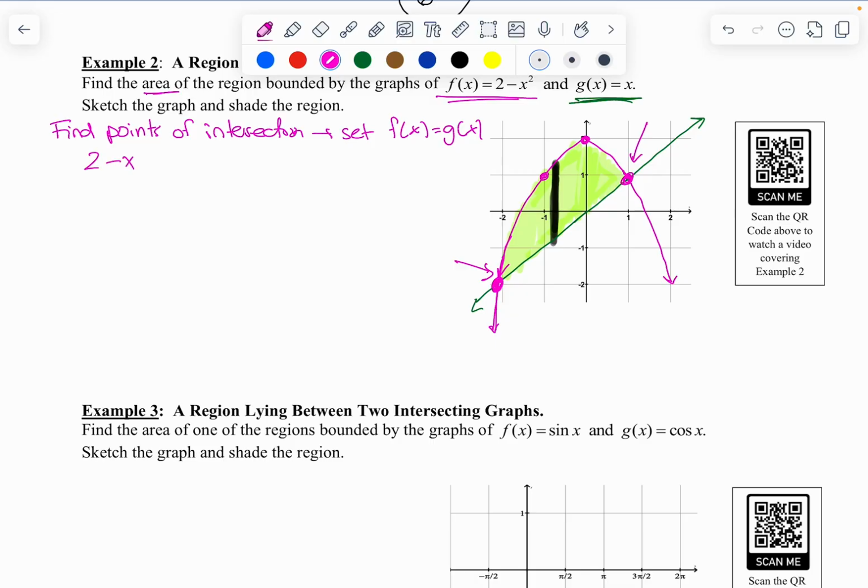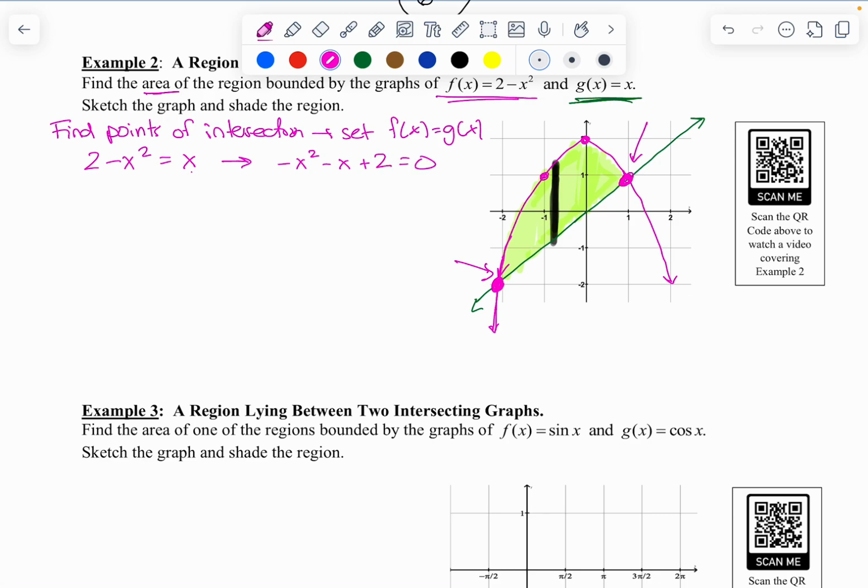So 2 minus x squared equals x. Now this is a quadratic, so it makes sense that we have 2 points here, right? So we've got to solve it like a quadratic. So I'm going to move the x over. So that's going to be negative x squared, I'm just rewriting them properly, equals 0.